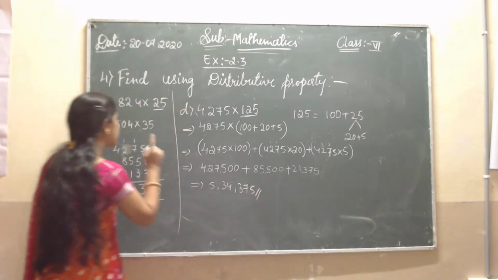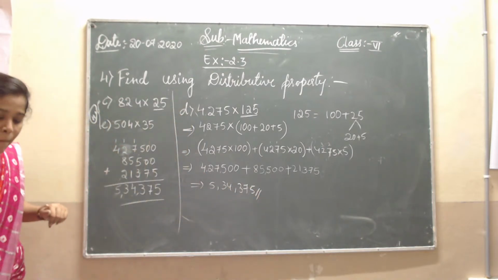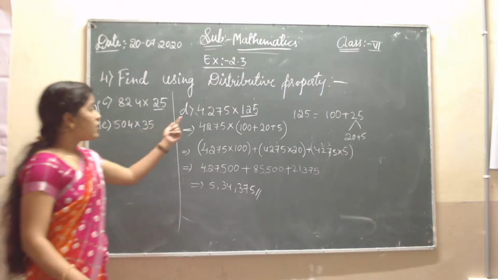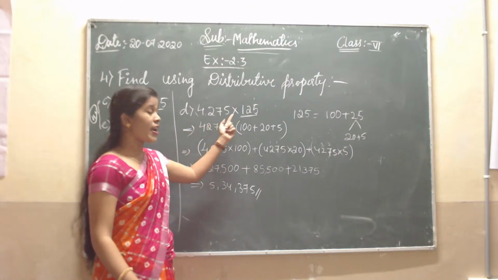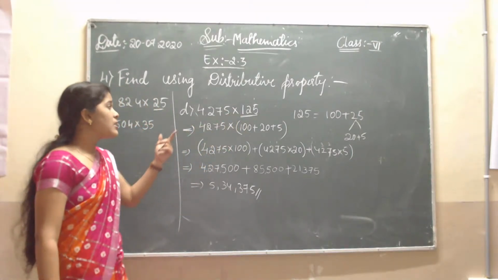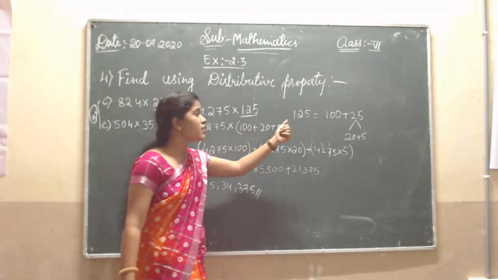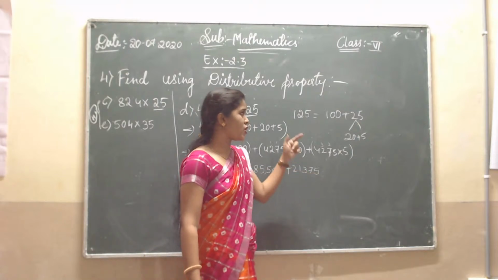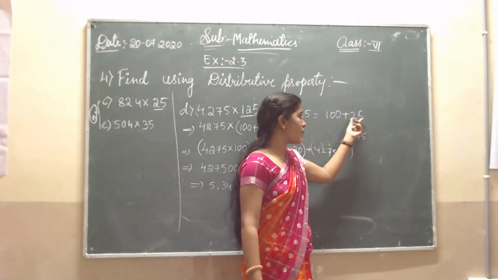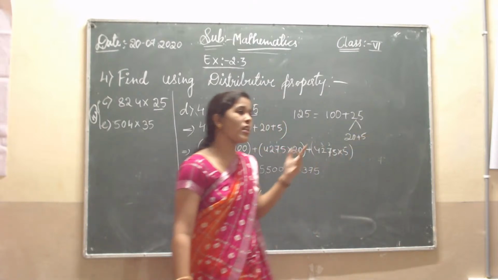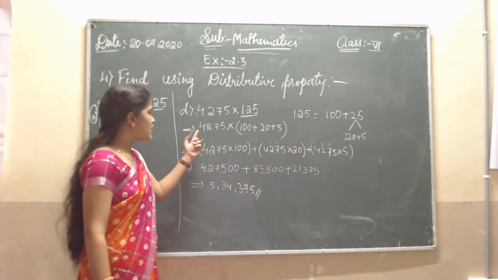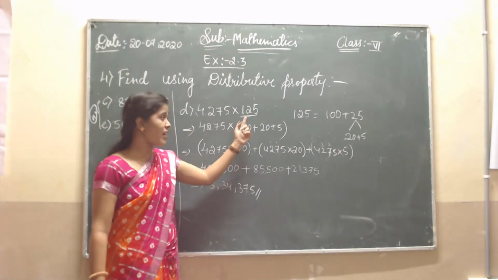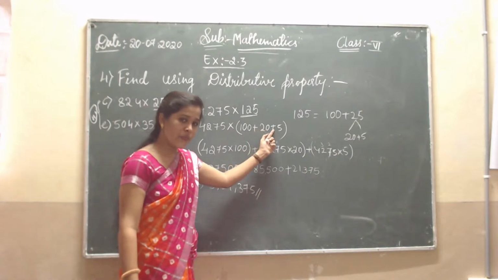5,34,375. See here, once again I will explain, dear students. Listen carefully. What is the question? 4,275 into 125. Split 125 as 100 plus 25, but it goes lengthy multiplication, so split 25 also as 20 plus 5. So here there are three numbers: 125 as 100 plus 20 plus 5.